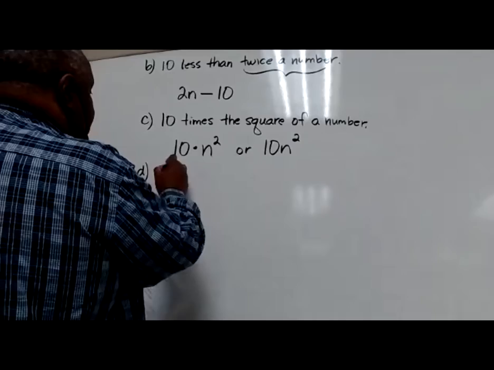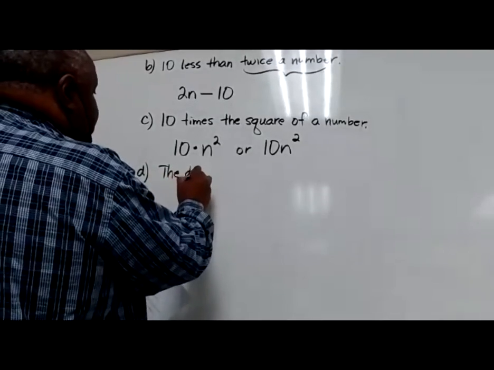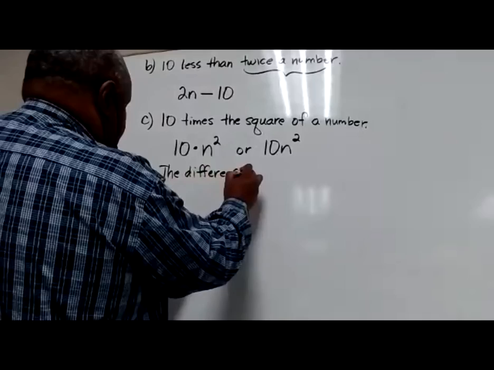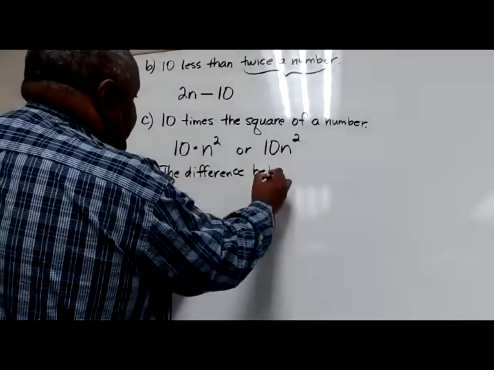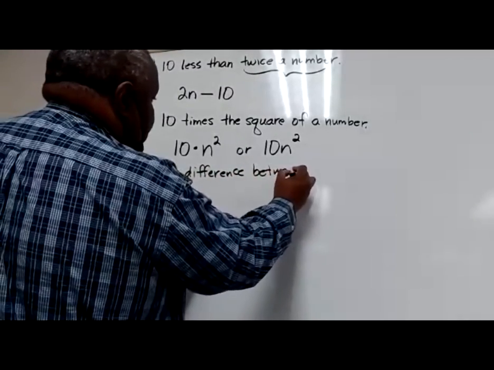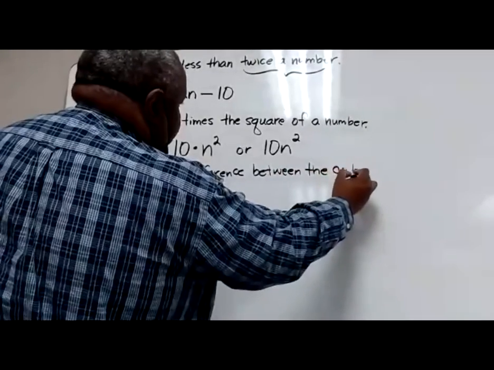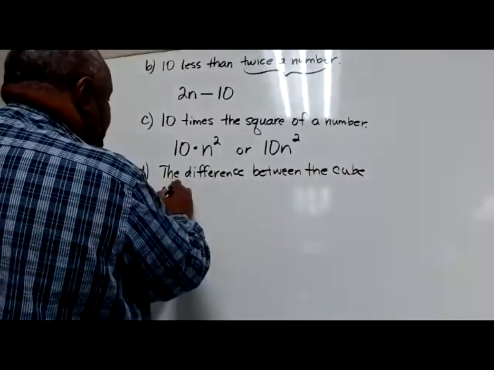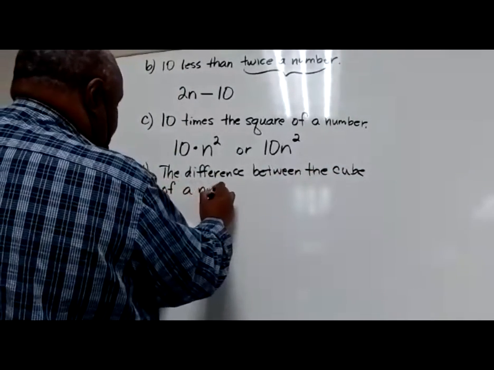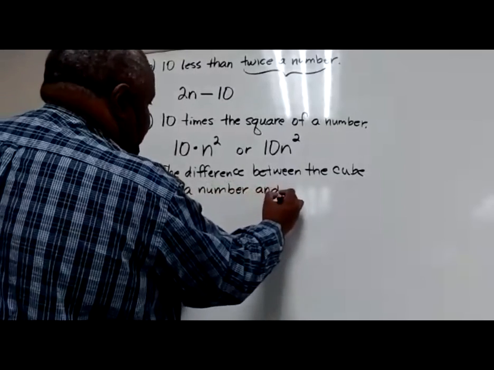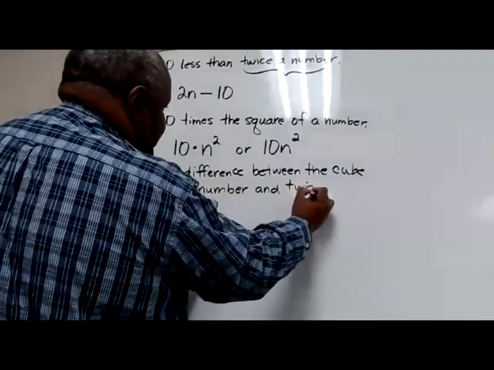All right, now part D is this, the difference between the cube of a number and twice a number, twice the number.